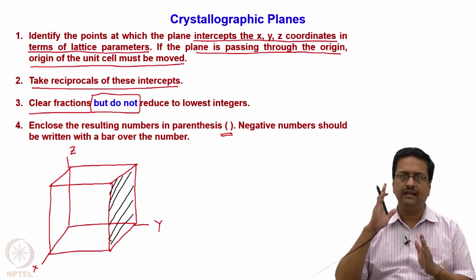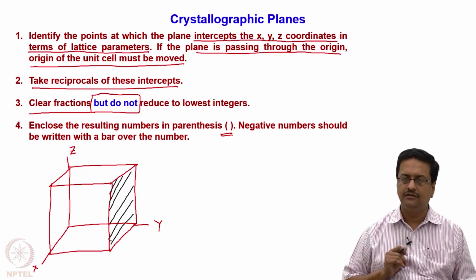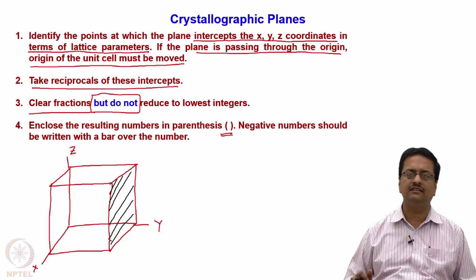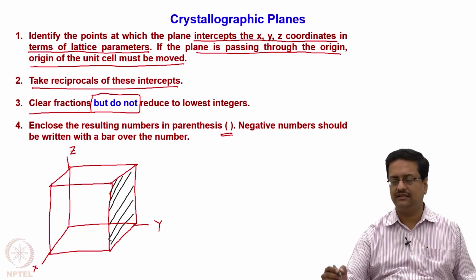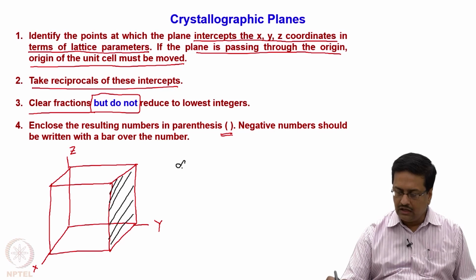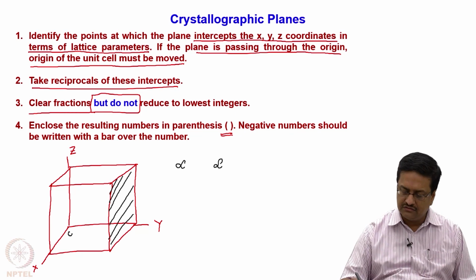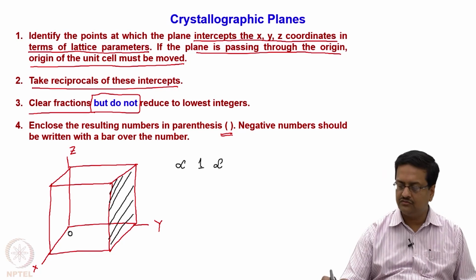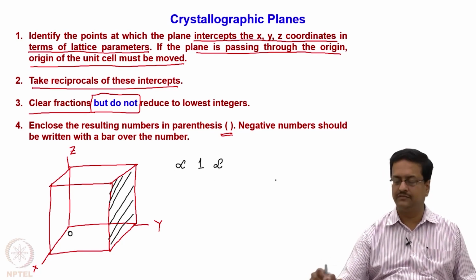You see, this face is parallel to both x and z. So this face is not going to have any intercept on x and z. That means the intercept of this plane with x and z are infinity. And this plane meets the y-axis from the origin at a distance 1. So these are the intercepts.